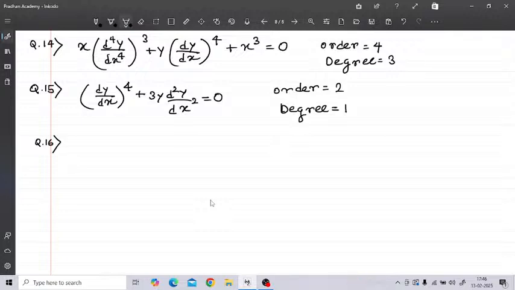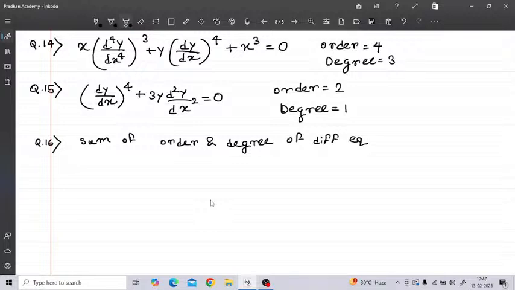Question number 16. Here it asks to write the sum of order and degree of the differential equation. So what is our given differential equation?